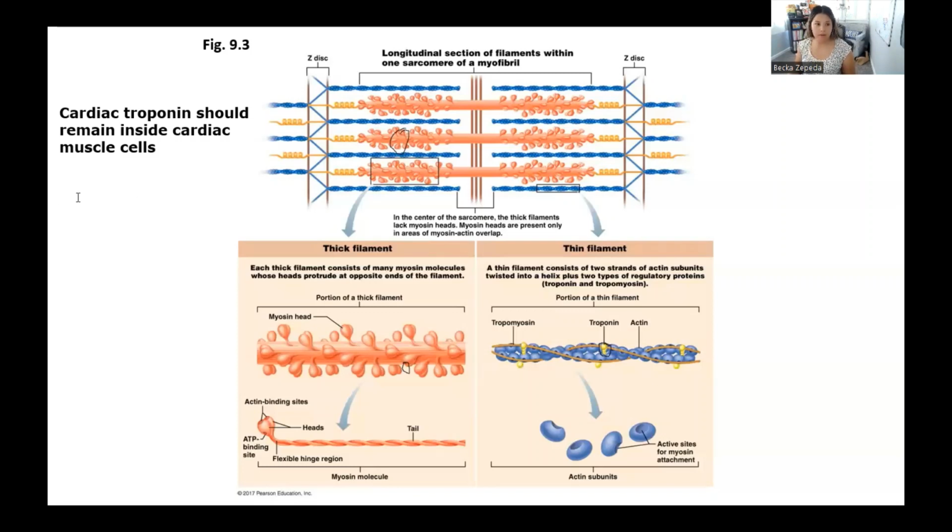So an increase in troponin in the blood. I'm going to move this out of the way so that I have room. Increase in troponin in the blood indicates cardiac muscle damage.